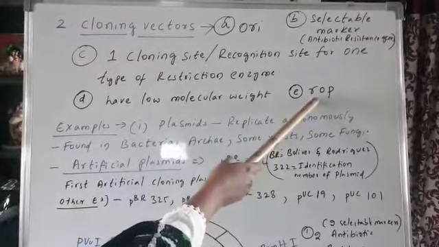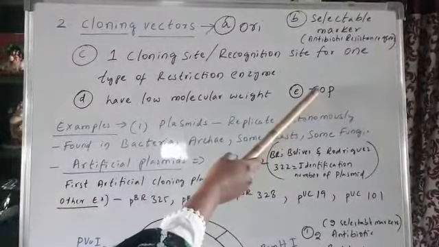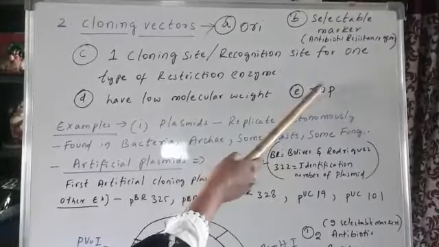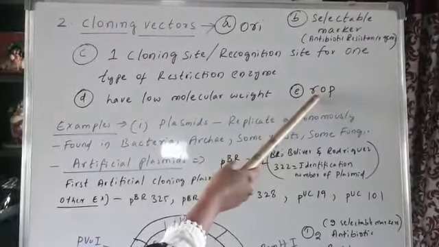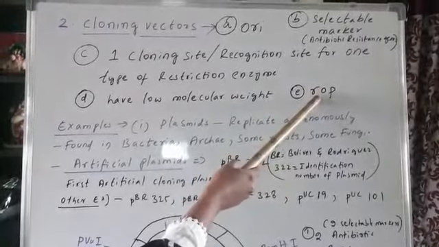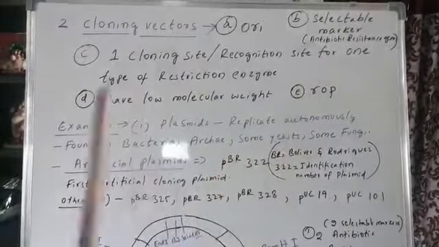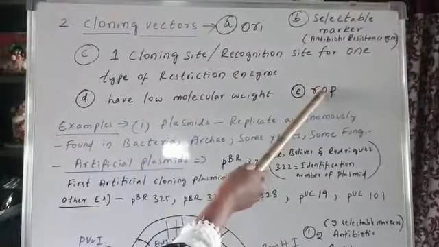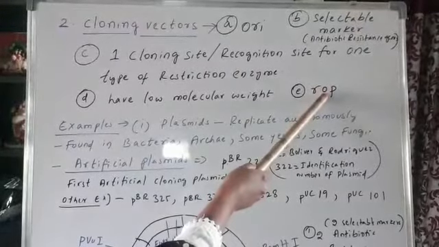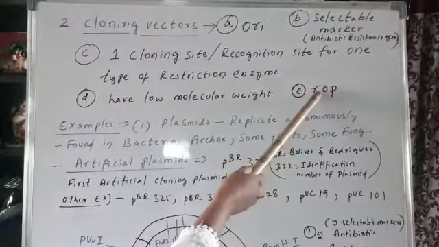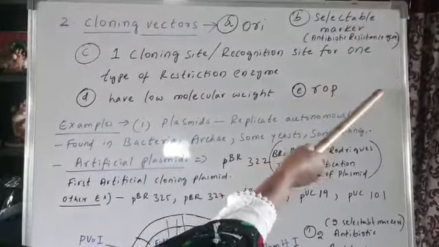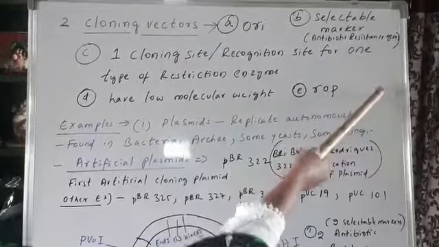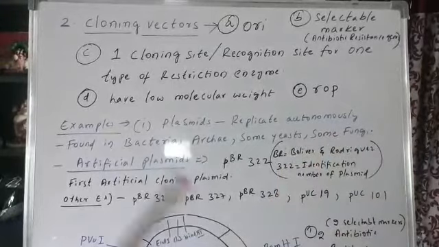This is a gene on the cloning vector which produces proteins, and these proteins are involved in the replication of the cloning vector.